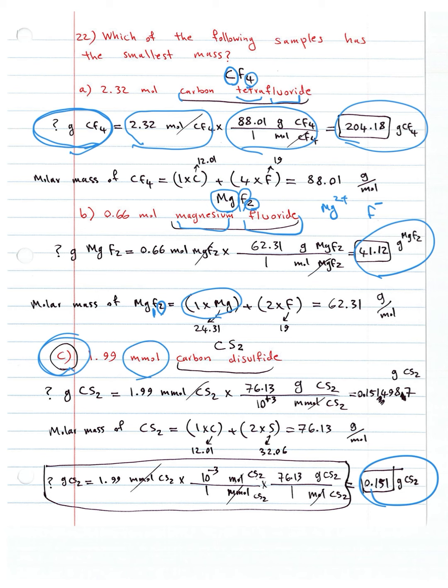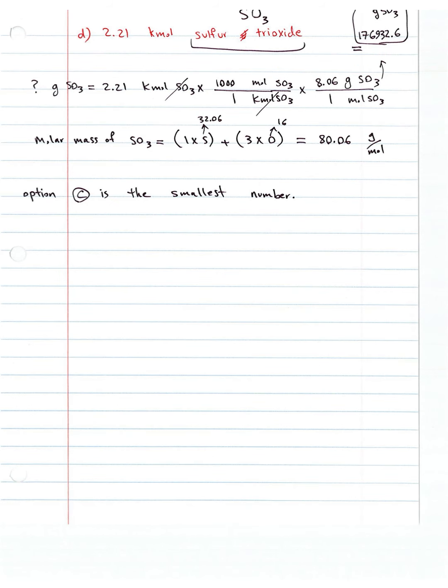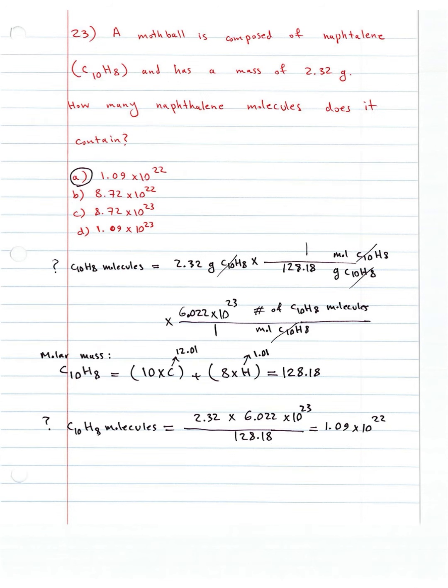Your answer makes sense because you have milli, 10 to the power of minus 3. When you do these calculations, it would probably be the smallest. But it depends on your number and your structure here too.